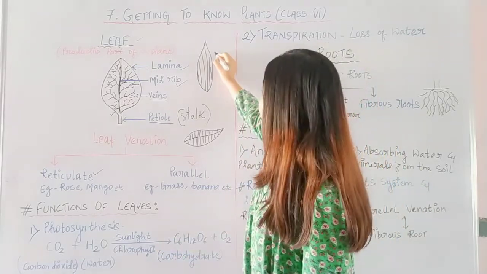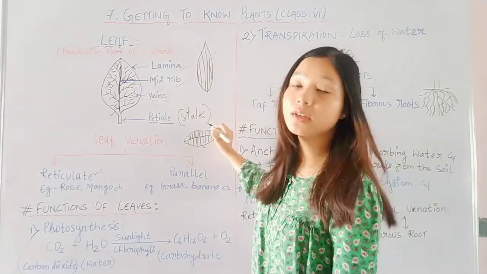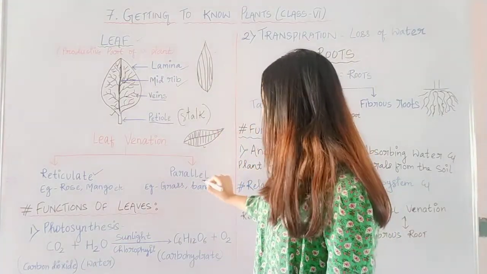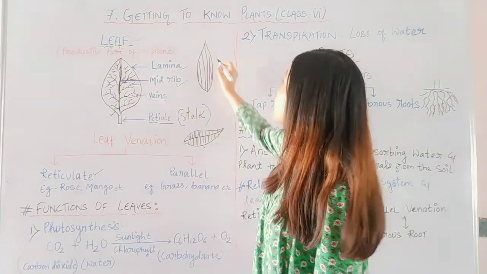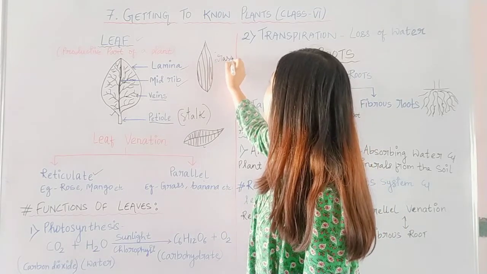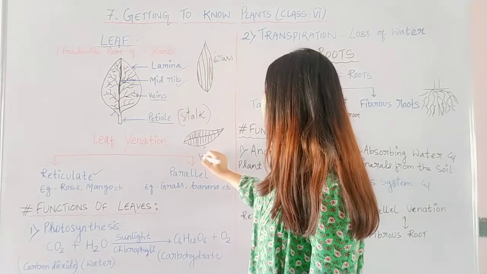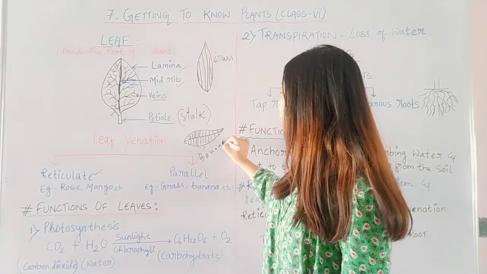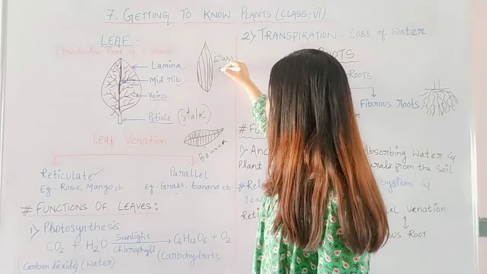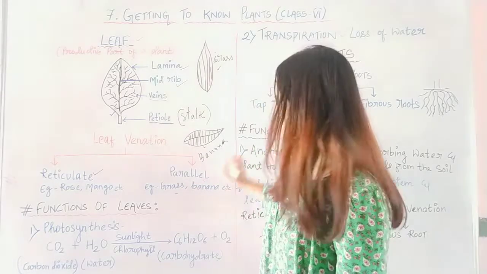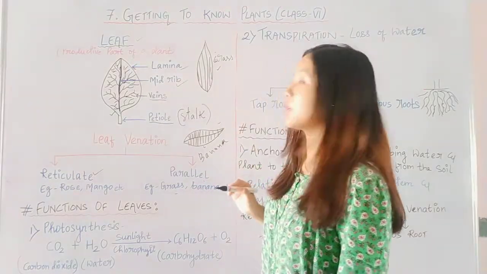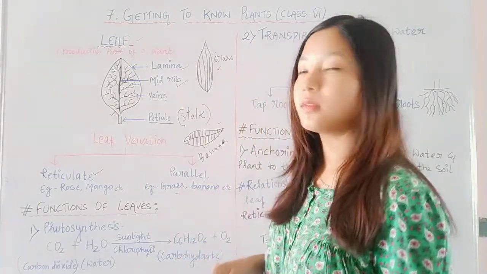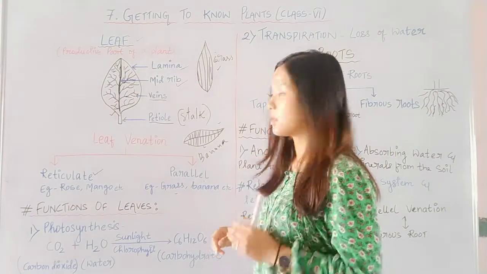Such an arrangement of veins, as they are parallel to each other, is known as parallel venation. You can find this in grasses, while this you can find in the leaves of banana. Grasses have one type of parallel venation and banana has the other. You can observe this with the help of leaves also.